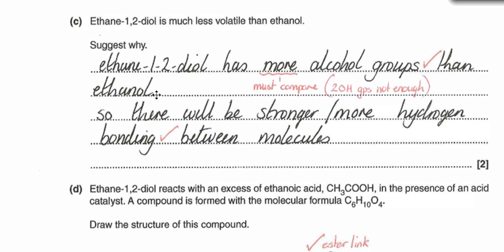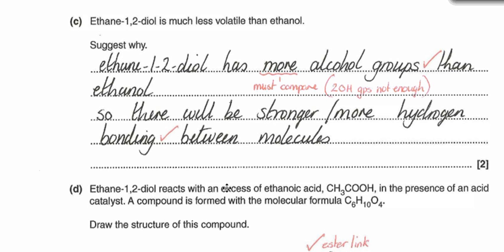You must show a comparison between them. So it's got more alcohol groups, and so therefore it will be a stronger hydrogen bonding, or more hydrogen bonding between molecules. And it's always good to get that one in to show that you know what intermolecular forces are all about and where they're acting, because often students get confused with intermolecular forces, as you may well know.